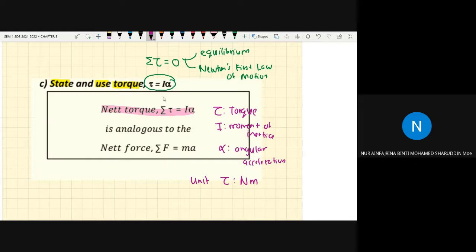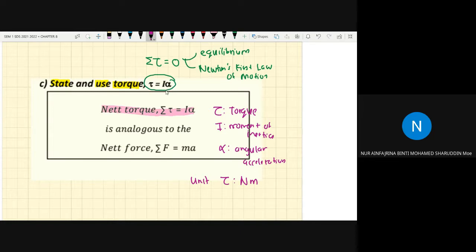Okay, but why are we using torque equals moment of inertia times angular acceleration? This means your object is not in equilibrium. It is moving, so it will have constant angular acceleration.